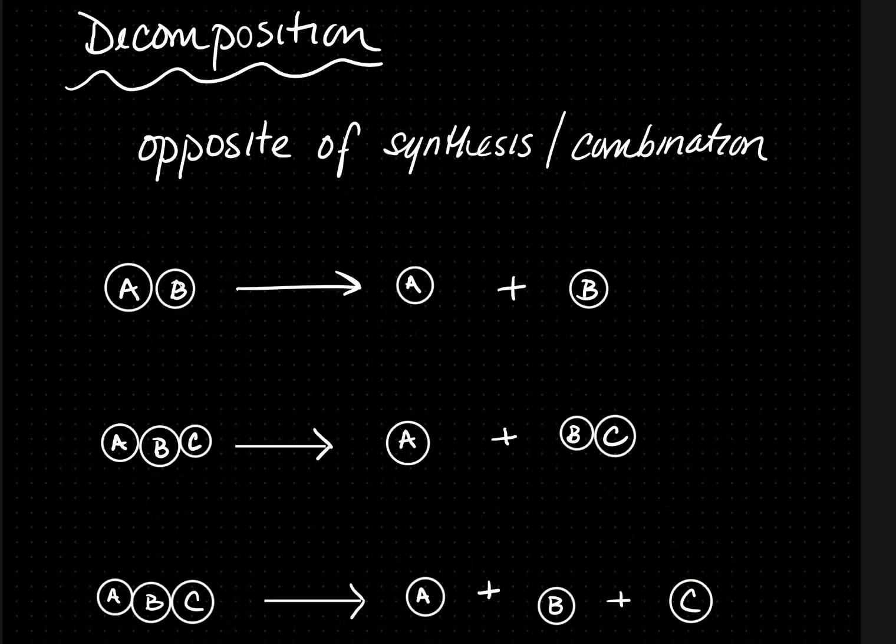The second type is decomposition. It is the opposite of synthesis or combination. The word decompose means to break down. So in general, you're going to start with a compound and it's going to become smaller elements or an element and a compound.